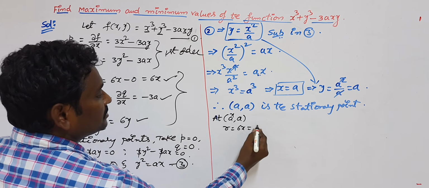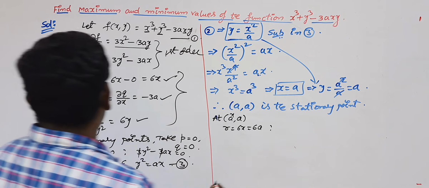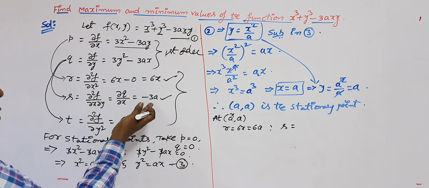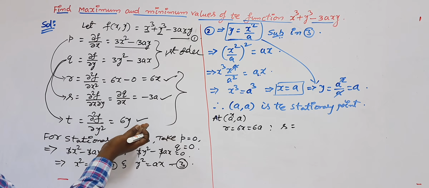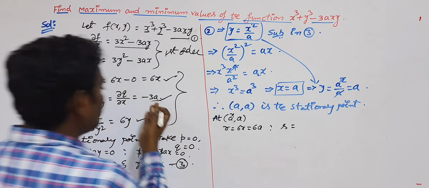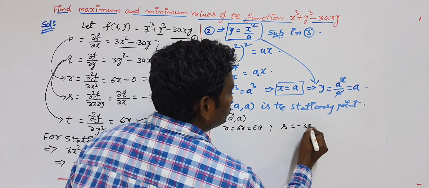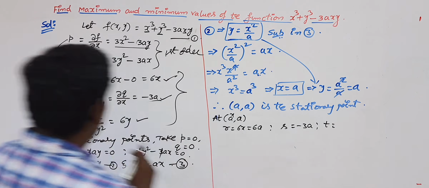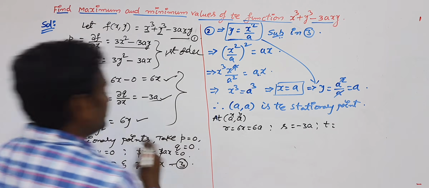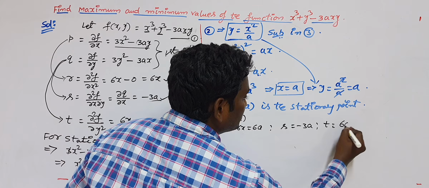So, 6x is equal to 6a, and what is s? Minus 3a, it is a fixed constant. So, it is not necessary to substitute any x or y variable in this one. So, at any stationary point it becomes only minus 3a. And what is t? It is 6y. What is the y coordinate at the stationary point? a. So, replace y is equal to a, you are getting 6a.